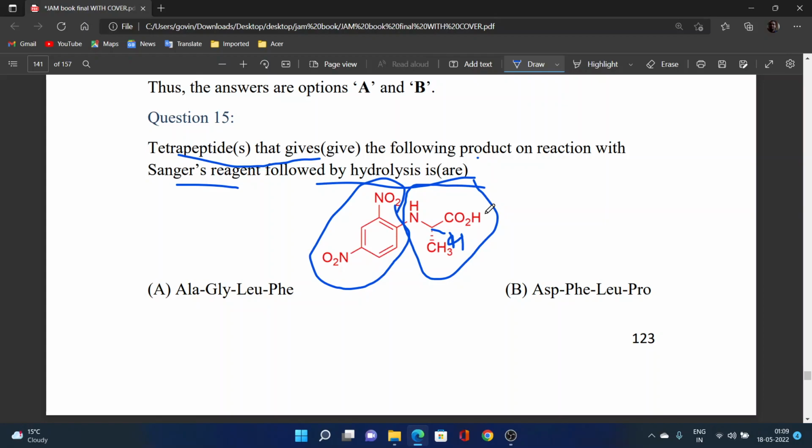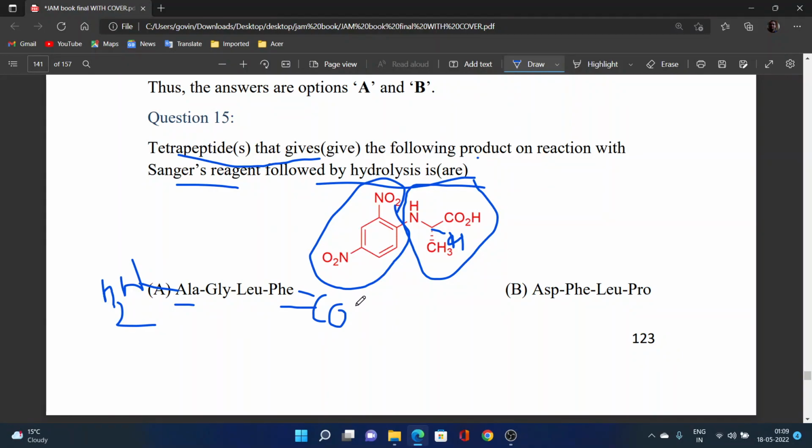When we write any peptides, dipeptide, tripeptide, tetrapeptide, anything, we always write C terminal on the right, N terminal on the left. As I said, N terminal means the left part will have NH2 free, and the right part COOH is free, and that is why we call it C terminal.